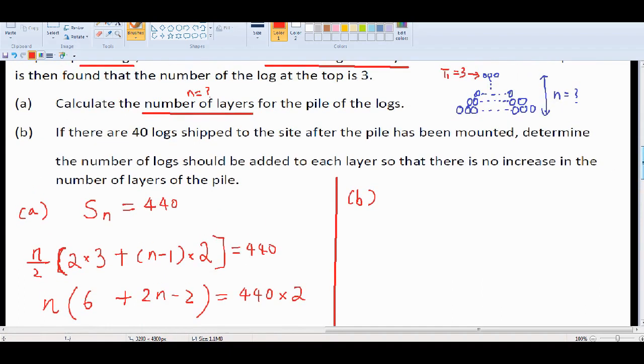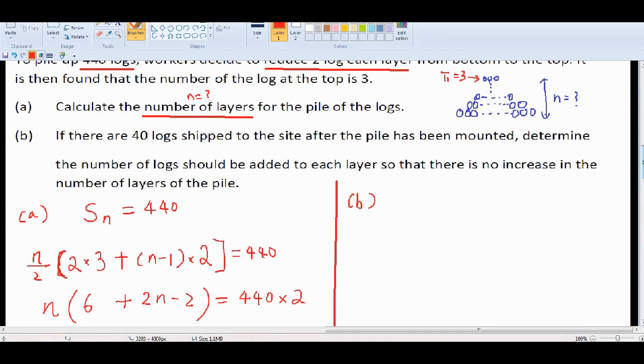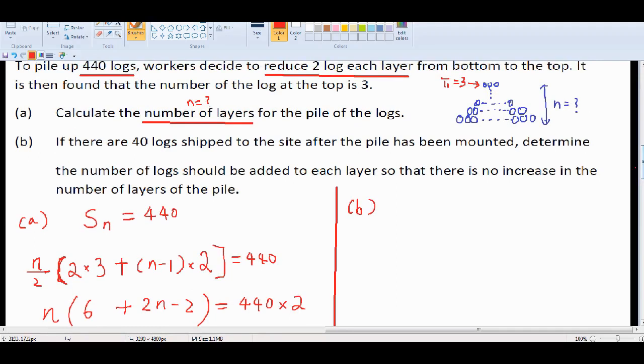If there are 40 logs shipped to the site after the pile has been mounted, determine the number of logs that should be added to each layer so that there's no increase in the number of layers of the pile. So you've got some new logs, but the pile is already there.